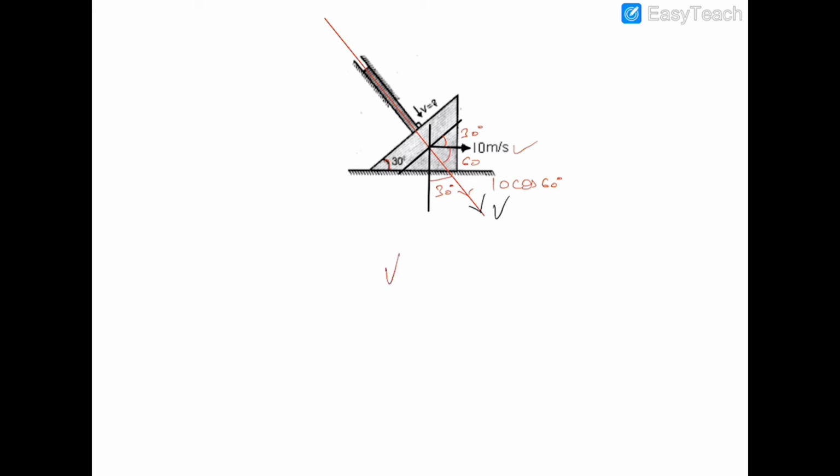So V will be equal to 10 cos 60 degrees, and V will be equal to 10 by 2, cos 60 is half, so it will be 5 meters per second. So this is the correct answer.